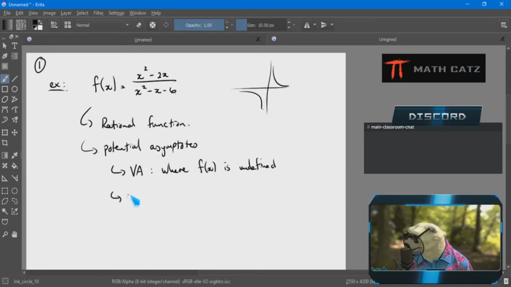And also horizontal asymptote, that is when x is going to go far in either direction. What is happening to the graph? And that's very much a question that is going to have something to it in the case of a rational function. And then, of course, I can do the y-intercept just to get my graph started. And that's going to be f of 0. I plug in 0. What can be easier? I get 0.